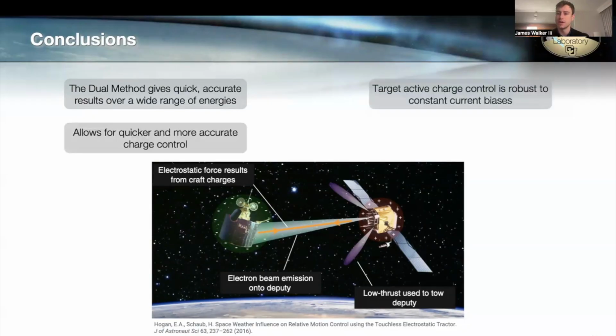We also found that our feedback controller for charge control of the target is robust to constant current biases, as long as the electron beam current we are using is greater than that of the bias that we're experiencing. And then finally, that the dual method is relatively robust to a changing environment and can measure an entire full environmental space, as opposed to our secondary electron and X-ray methods, which are not as robust to this changing environment.